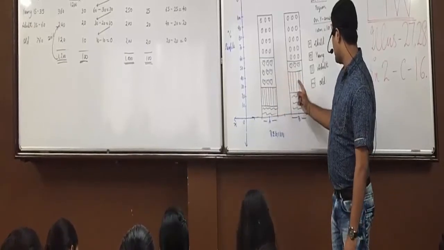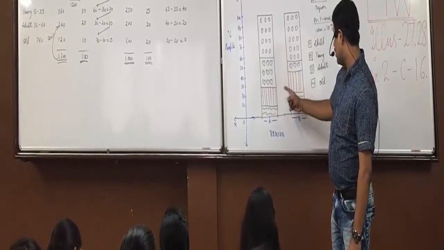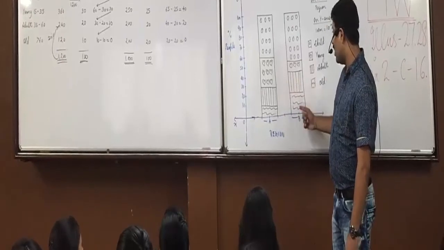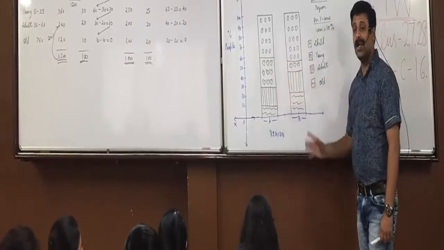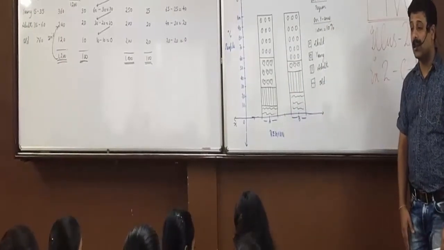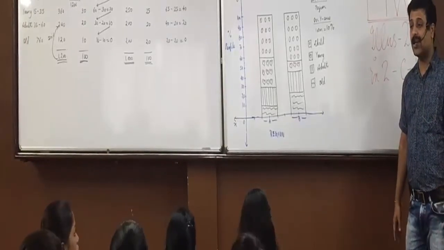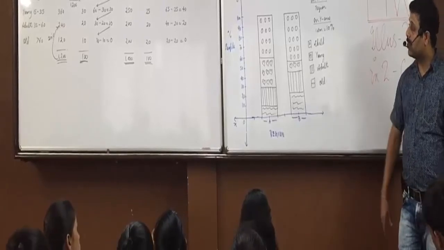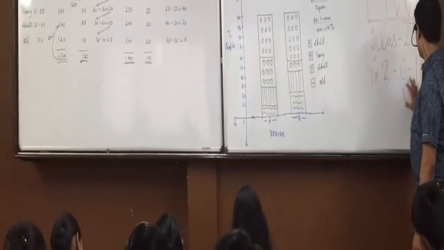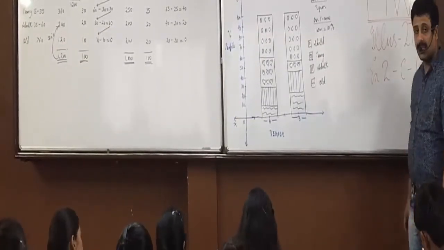A. Where do you find that adults are more? Equal. And where do you find old are more? B. So here the actual comparison is possible, because both the heights are same. Any confusions? So homework is illustration 27, 28 and exercise 2 section C question 16.